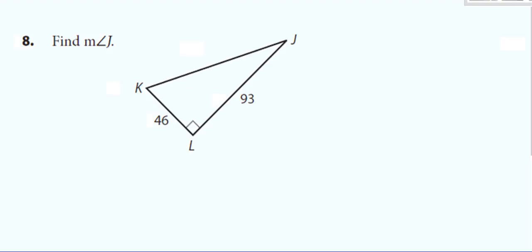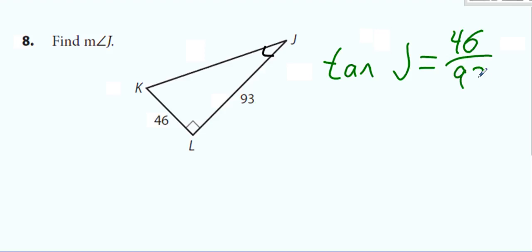One more example, to find the measure of the angle J. So we're taking this angle over here. So the opposite side, follow out the wave to 46. Tangent J equals opposite 46 over adjacent 93. Convert that to an inverse tangent.